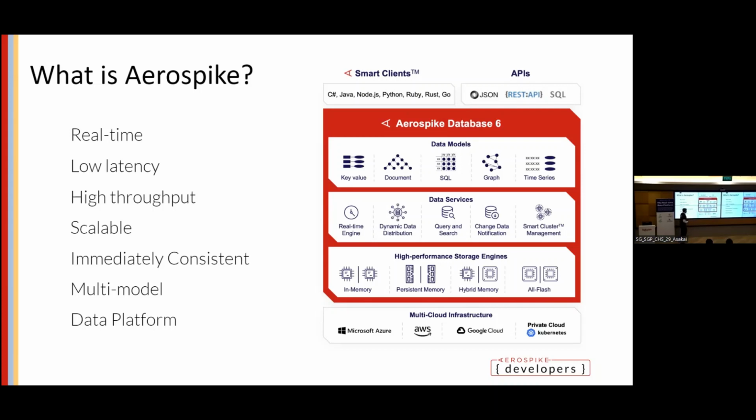Other than that, what we offer here is the core of Aerospike. You can use Aerospike as in-memory, or persistent memory, or most of the time, the beauty of Aerospike is when we use it as hybrid. We're going to talk about that. Hybrid memory means your primary indexes are going to be in RAM, which is a little bit of RAM. The majority of the data will be stored on disk.